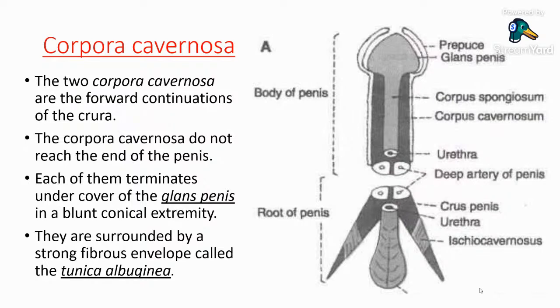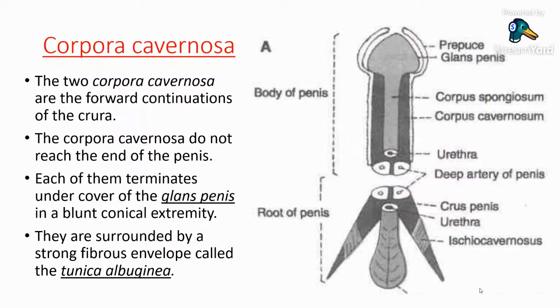These are two corpora cavernosa and one corpus spongiosum. You should remember that during erection of the penis, these three erectile tissues are engorged with blood. Two corpora cavernosa, right and left, and the median one is the corpus spongiosum.